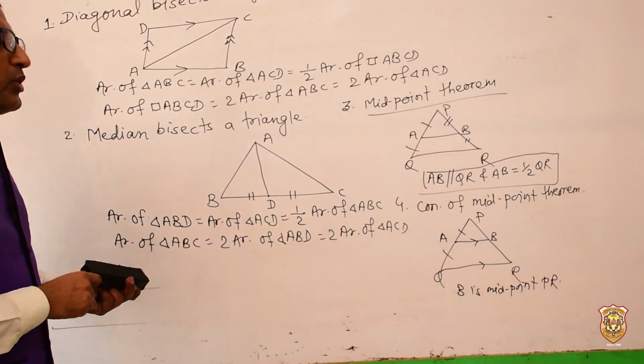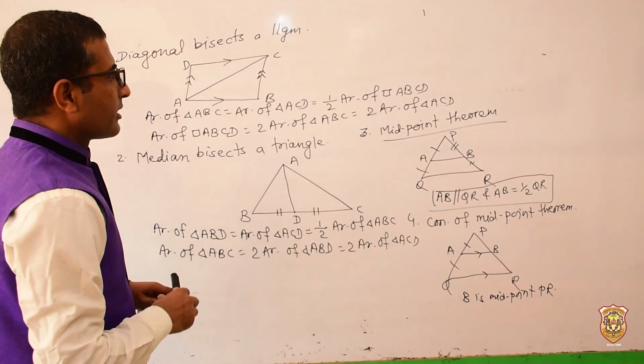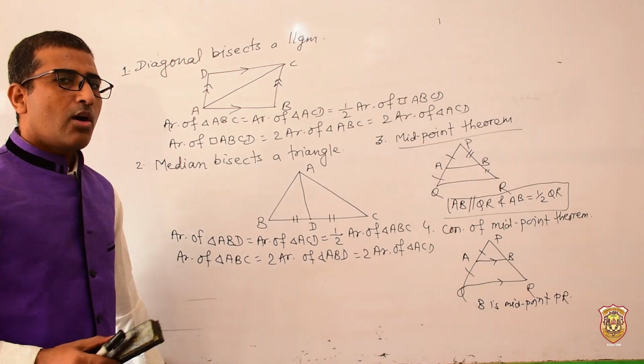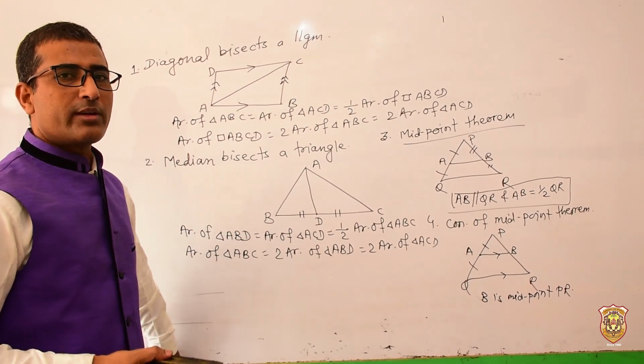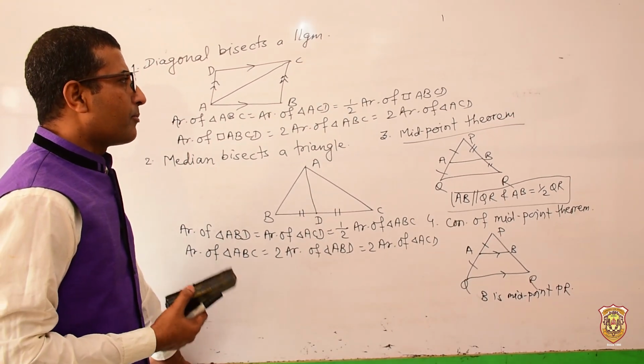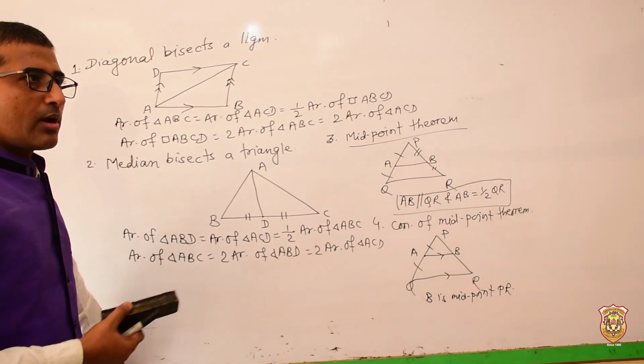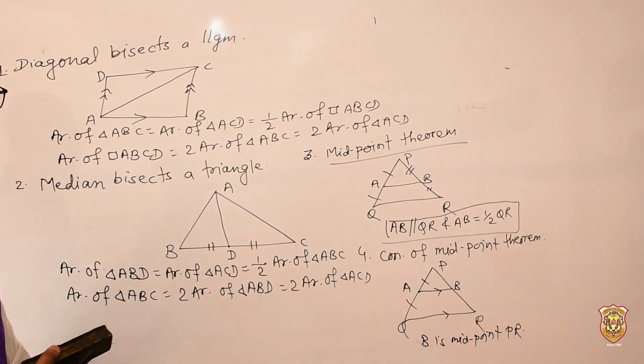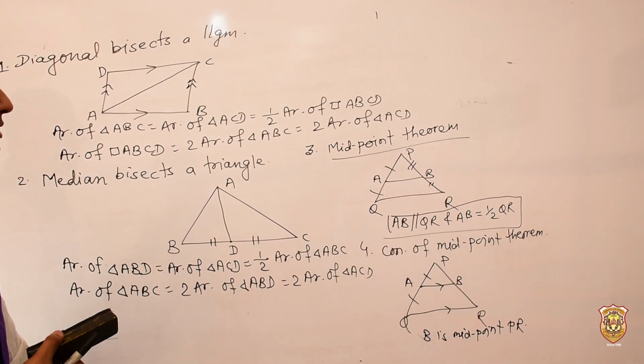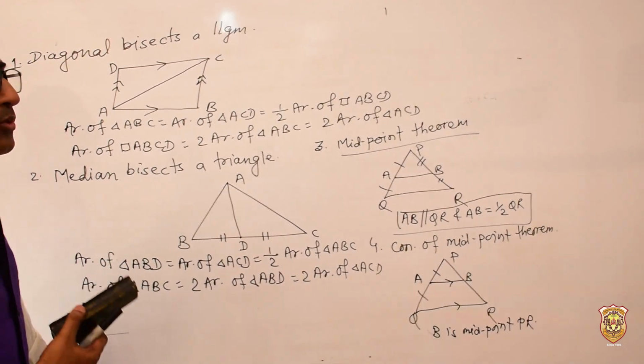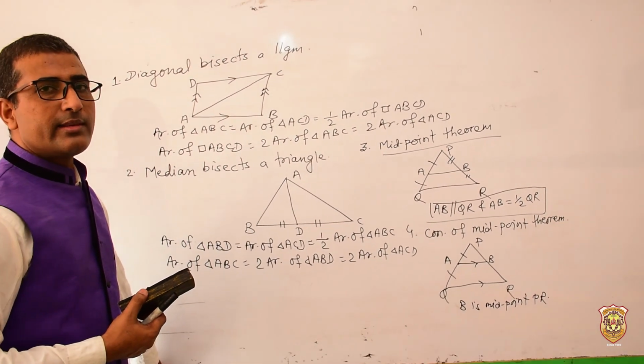That's the point we require. And then the area of triangles and quadrilaterals, which you have completed in class 9, and you have also completed these things in mensuration. We require these things, then we can complete this exercise easily.